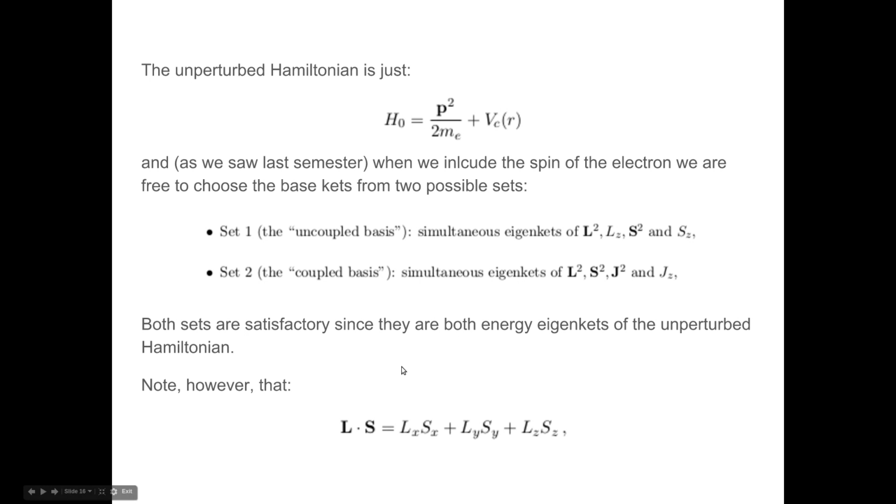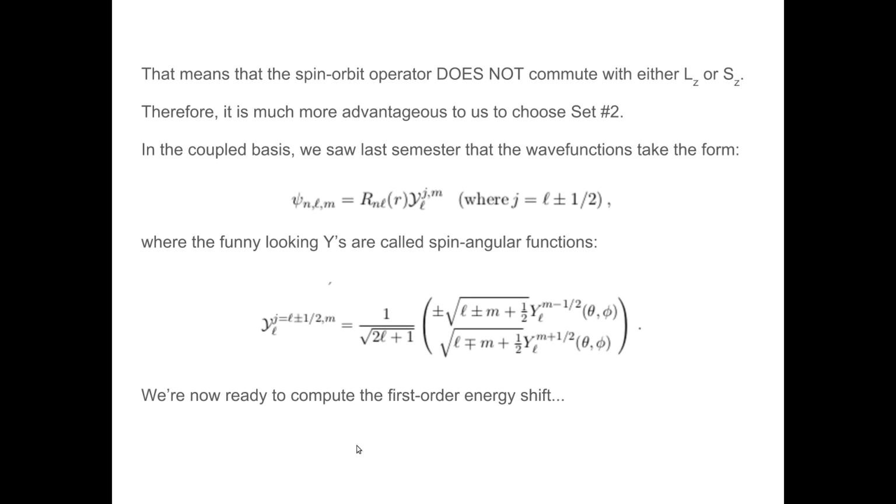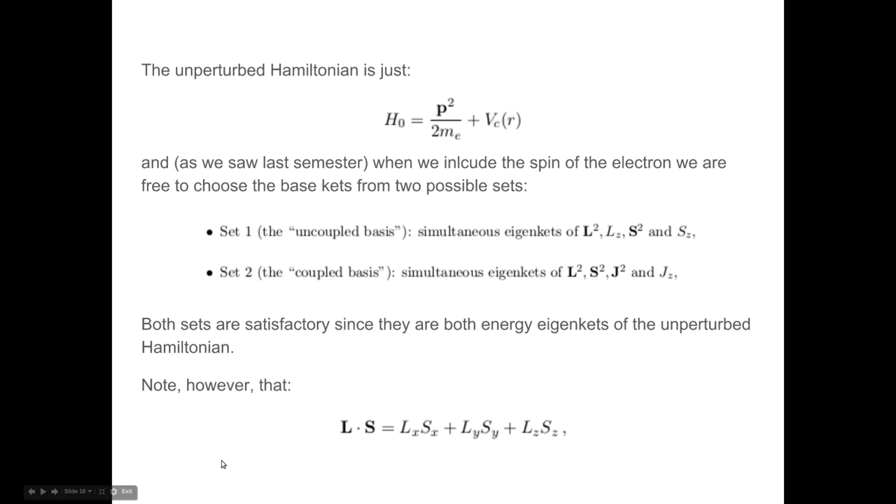And that means that the simultaneous eigenkets of all these guys are going to be eigenkets of L dot S, meaning this operator is diagonal. So that simplifies our life a lot. If you guys want, I can assign doing it in the uncoupled basis as a homework problem. Just let me know.